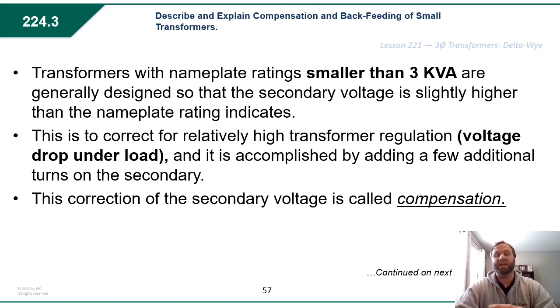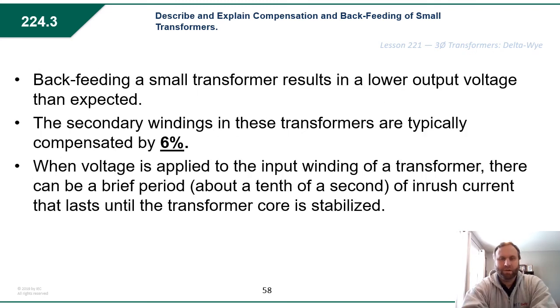So to compensate for these volts lost, there's often a few extra windings added on the secondary side, or the turn ratio is changed just by 6%. 6% is what these are typically compensated by.